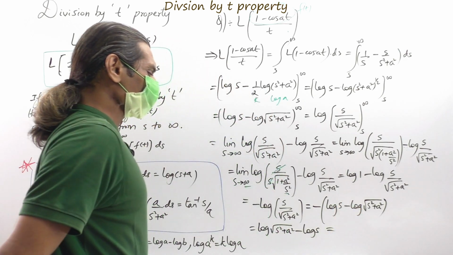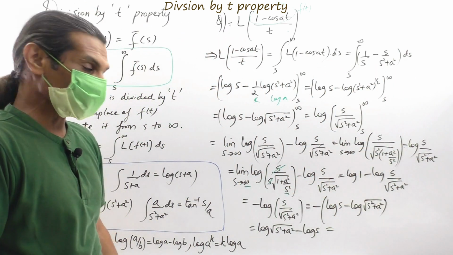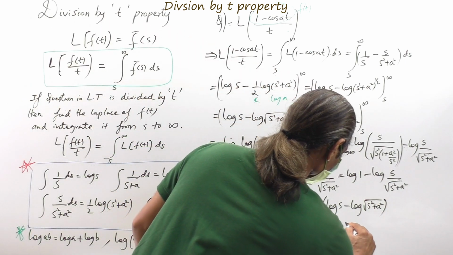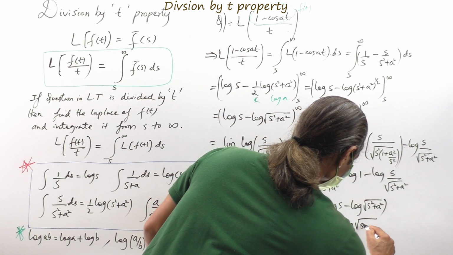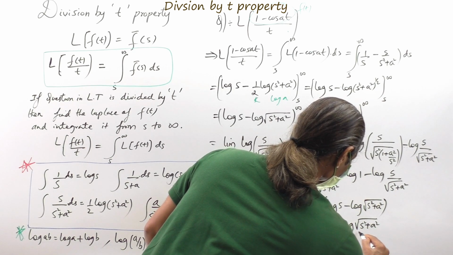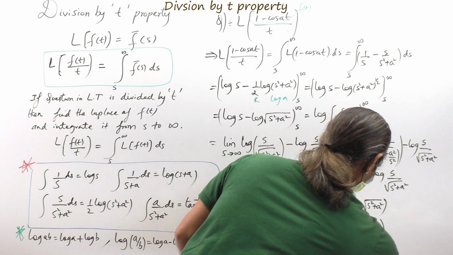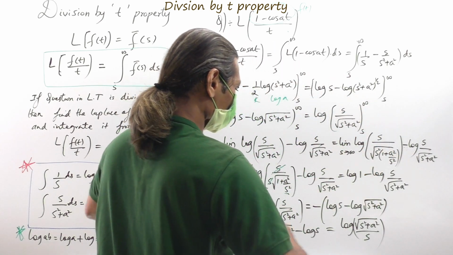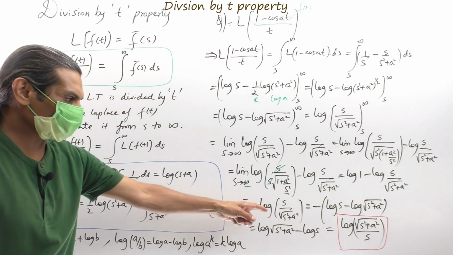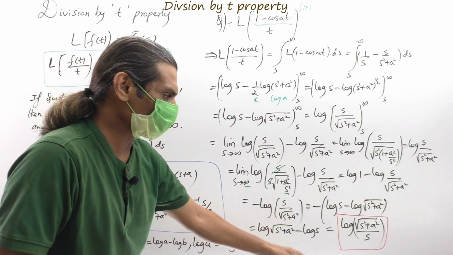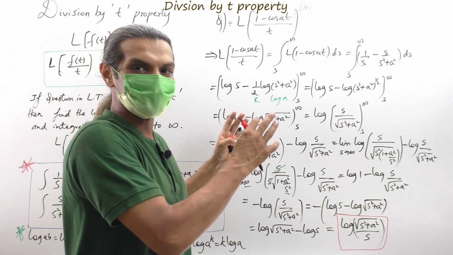Finally, the answer: log a minus log b is again log a by b. That means we have log of root of s square plus a square, whole divided by s, and this is the answer. So the final answer for this question is log of root s square plus a square by s, because log a minus log b is log a by b. That is it. I hope you understood perfectly how to solve it now.